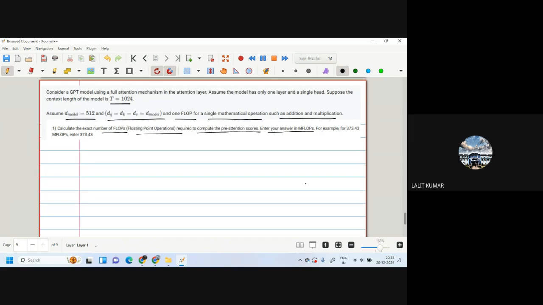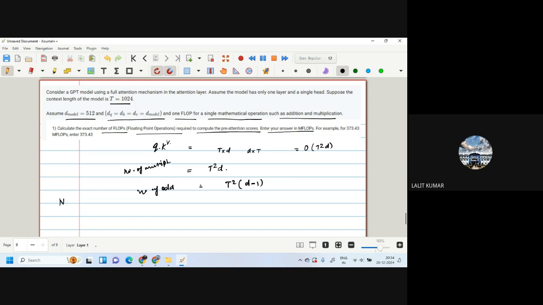So when we compute the pre-attention score, formula is Q into K transpose. Q dimension is T into D, and this is D into T. So here your complexity is O(T square D), but the number of multiplications is T square D, and the number of additions is T square D minus 1.